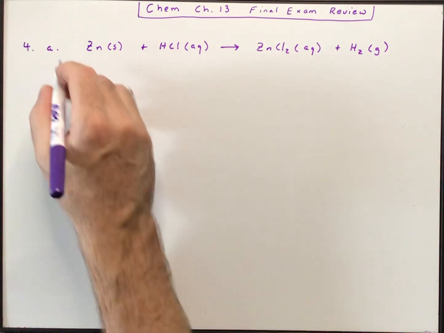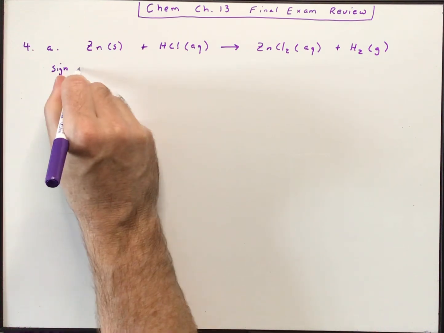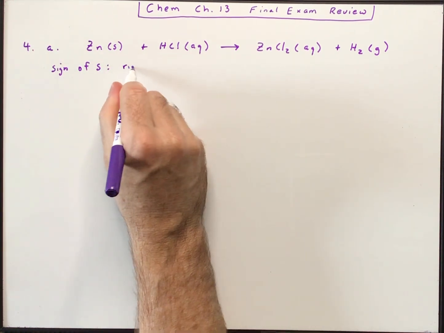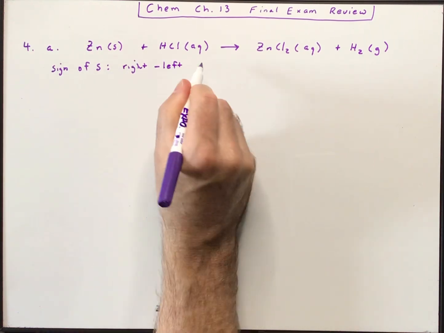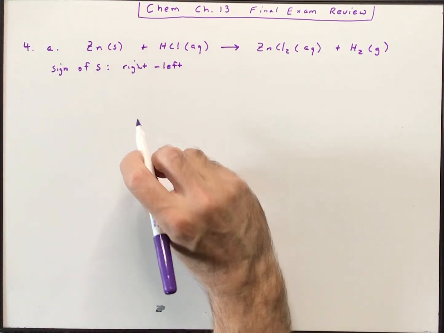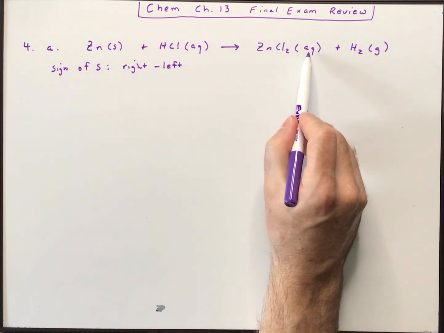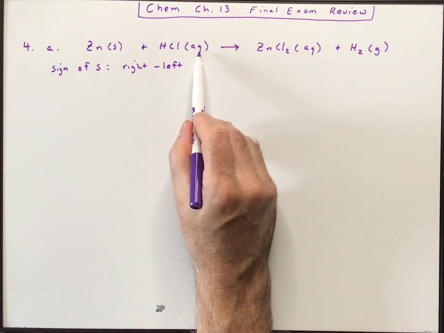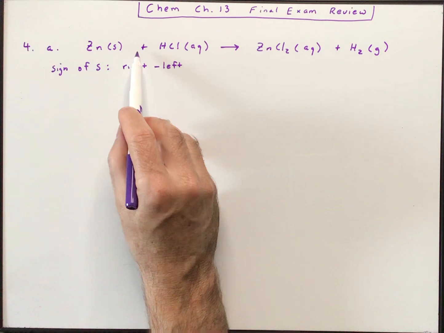Okay, so the sign of the entropy. We're going to do the right side minus the left side. The right side has a gas and an aqueous substance. The left side has a solid and an aqueous substance. So the right side has more entropy than the left side.